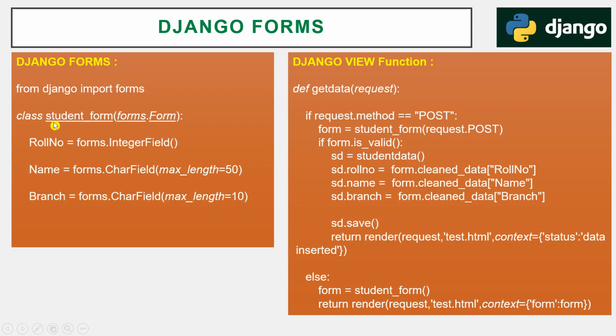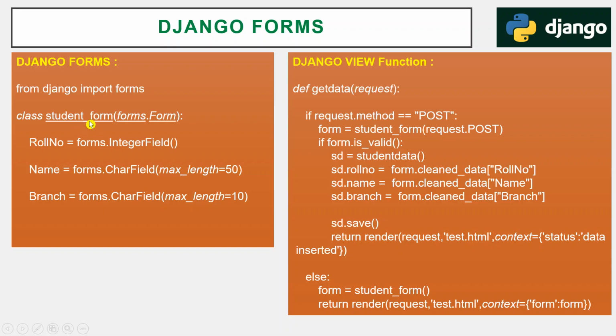Then we are defining a form class here. Please concentrate here. Like in Django models what we did, the same functionality we are doing here also. We are defining class student_form. Okay, we are giving student_form.